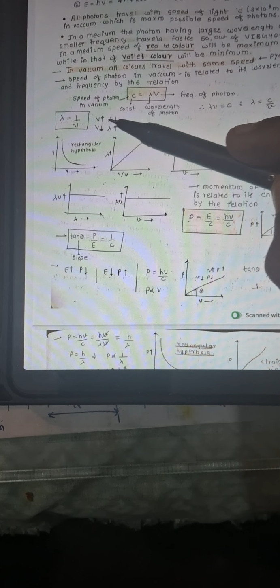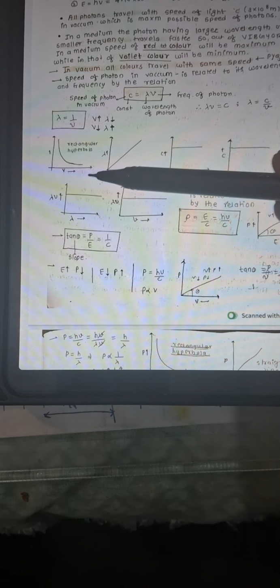So if frequency increases, wavelength decreases, and vice versa. If we draw the graph between frequency and wavelength, it is going to be a rectangular hyperbola, with 1 by nu a straight line. The graph between c and frequency, as c is constant, will be like this. With lambda, the graph will be like this. The product of lambda and nu is constant, so the graph will be like this. So we have all the possible graphs here.